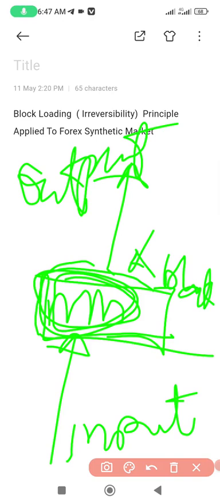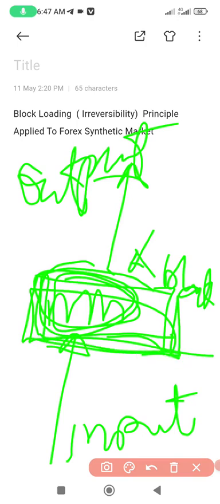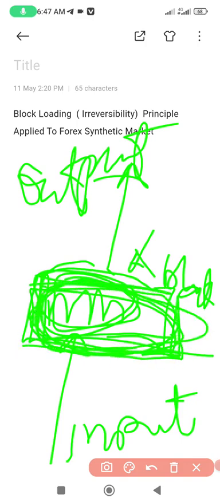So block loading means that immediately price left this session, we will now say that this block is loaded, meaning that this block controls the output and makes the output not come back to it. It means you can deploy a stop loss around the loaded block, and that stop loss will not be hit.